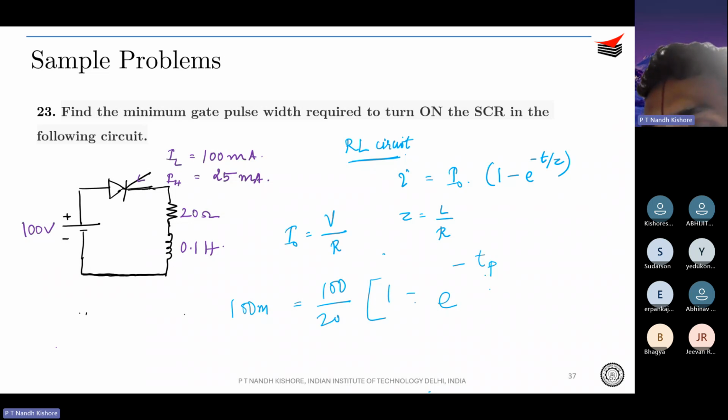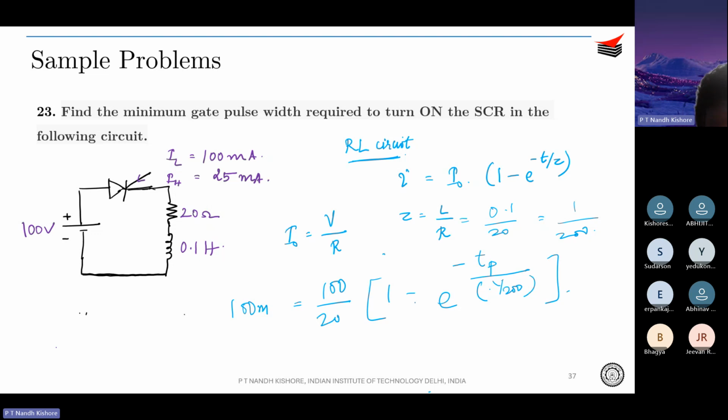Tau is L by R, which is 0.1 by 20, or 1 by 200. So 100 milli is equal to 5 times 1 minus e power minus 200 TP. Find out TP. That is the question.